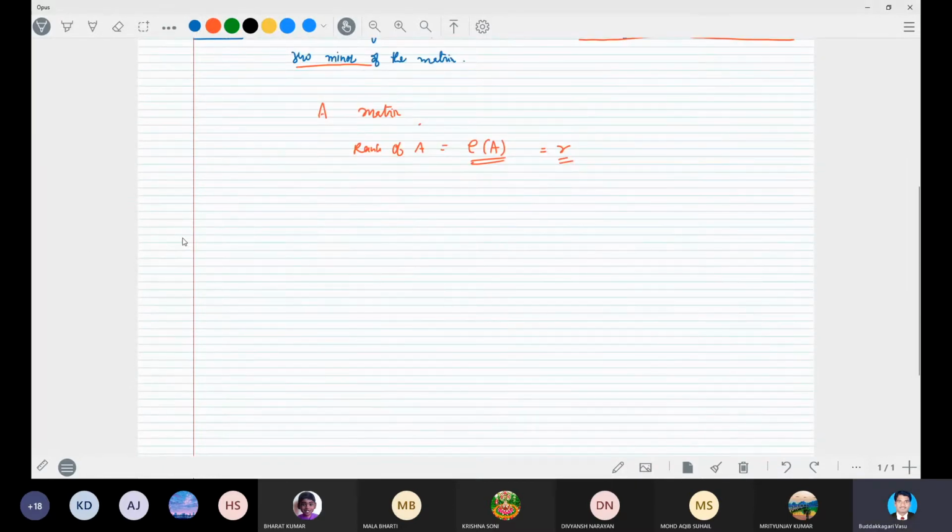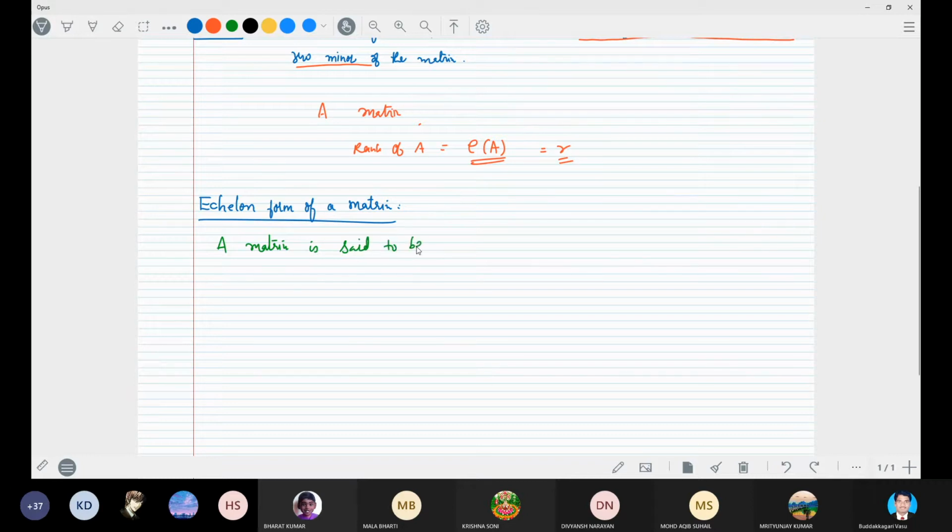Now, echelon form of a matrix. This is important. Please see the definition. A matrix is said to be in echelon form.